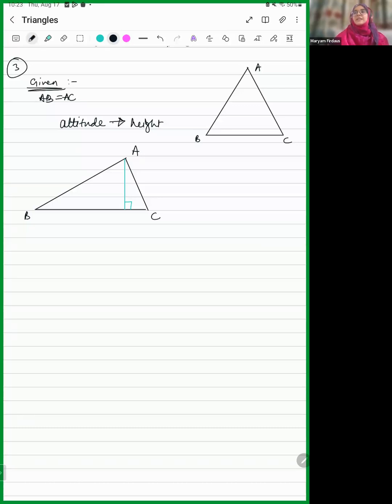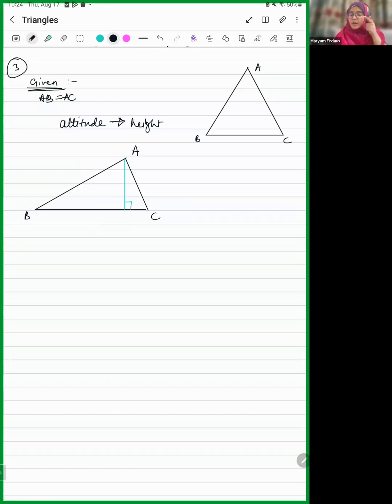Median is basically that line segment which divides the triangle into two smaller triangles which have equal areas. In simple words, median is that line segment which divides the opposite side into two equal parts.